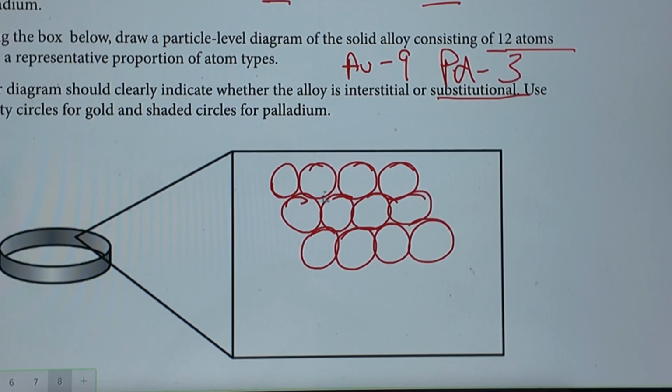And then in the image, I remember they were just spaced apart. So I would shade in this one. They said shaded for which color? Shaded for palladium. So we're just shading 3 of them.